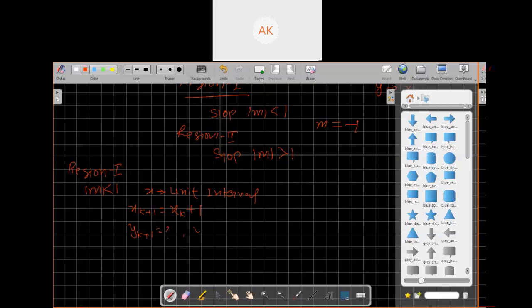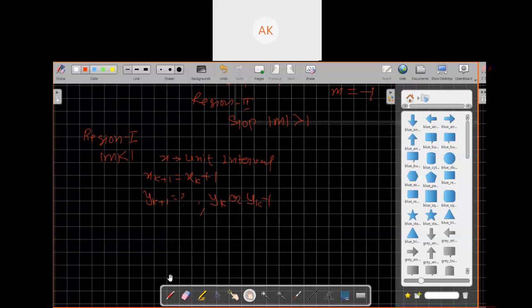It may be yk or yk minus 1, because the value of y is decreasing. The initial value of y is ry and it's reaching 0, so the next y coordinate will be yk or yk minus 1, while x moves with unit interval.